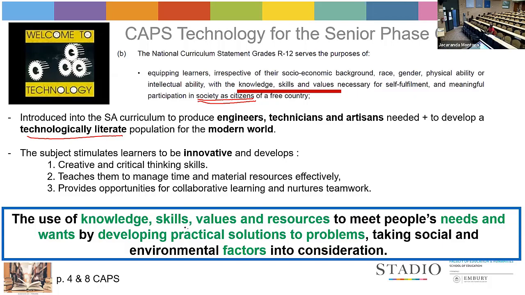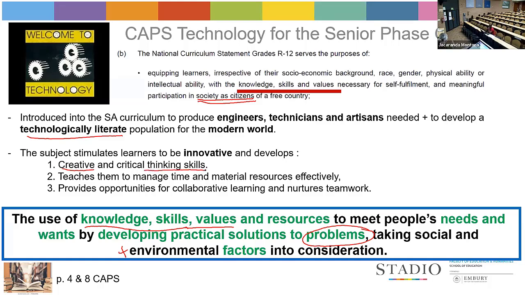Can you see the three things over here again? Knowledge, skills, values, and resources to meet people's needs and wants by developing practical solutions to problems, taking social and environmental factors into consideration. So this will link again to the value part. So in the end, we're solving problems. So that's where the creative and critical thinking comes in.